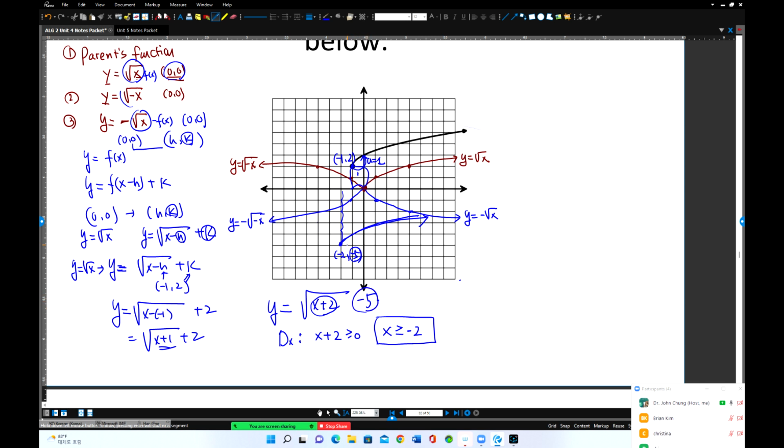The value of y is always greater than or equal to this number. The range can be obtained right from these numbers. So y should be greater than or equal to negative 5, but it depends on the graph. This graph is positive, moving to the right. That's why the right side is the domain and upper is the range. Is it okay?